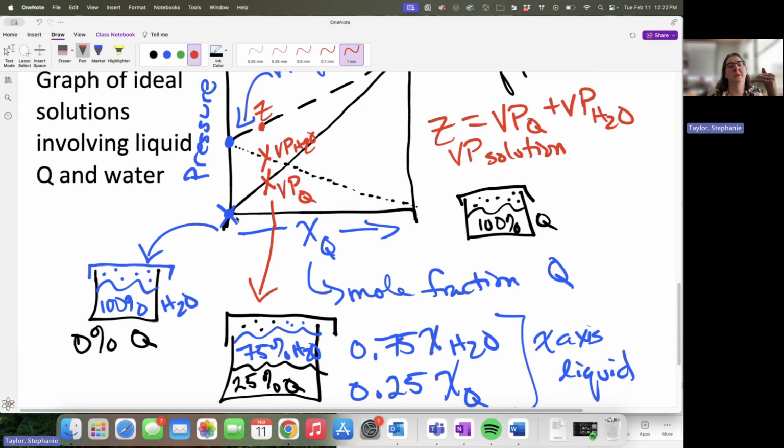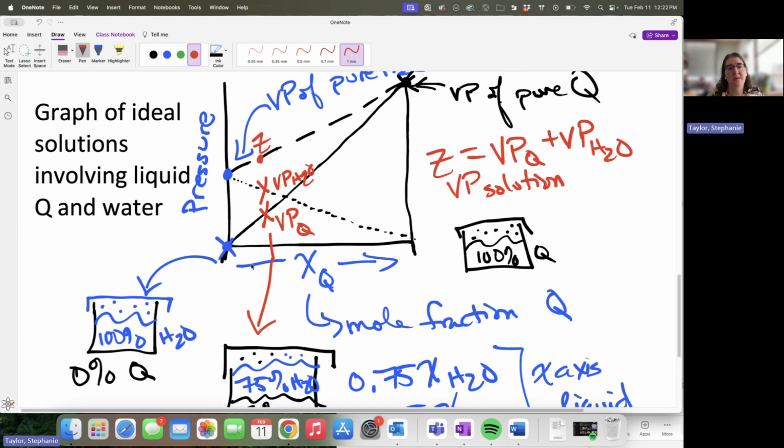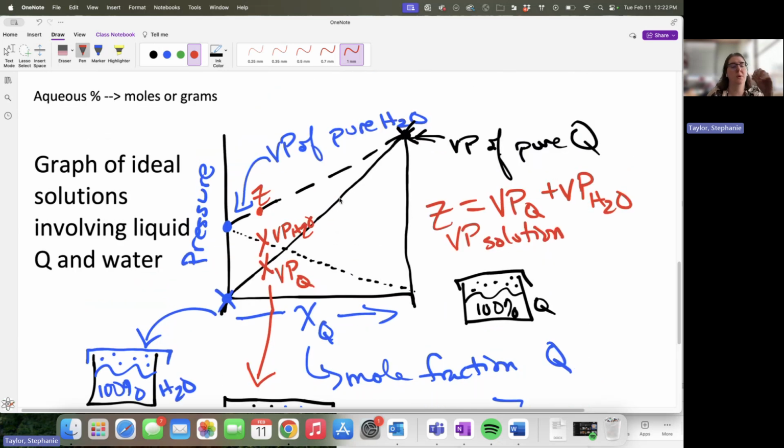And then I could move 1 more and say I have 2 moles of Q and 98 parts water, and then 3 moles of Q and 97 parts water, all the way until I get to this red line where I have 25 moles of Q and 75 moles of water. So this x-axis here is trying to talk about the liquid, but we are then trying to measure and have information about what's going on with the vapor pressure.